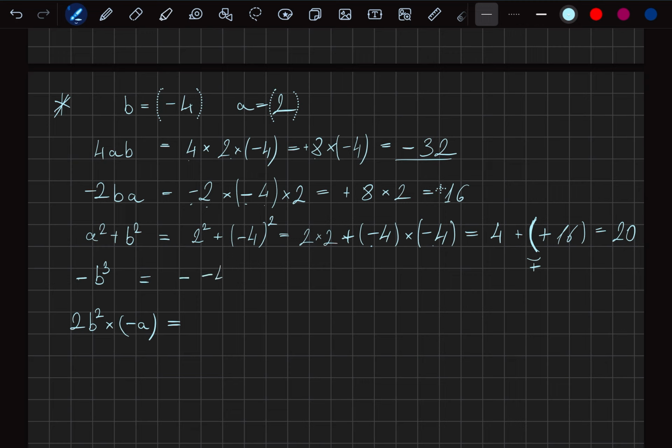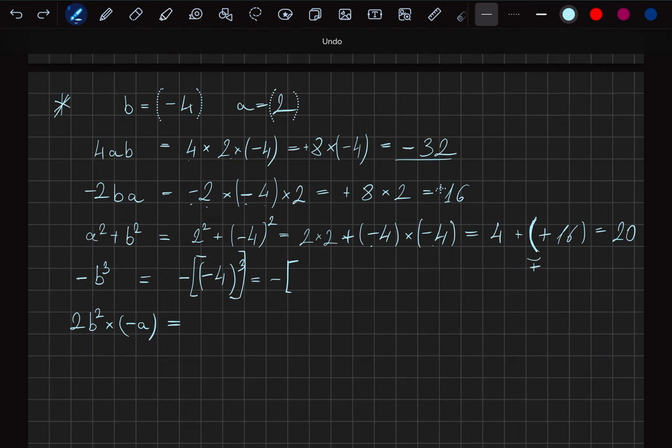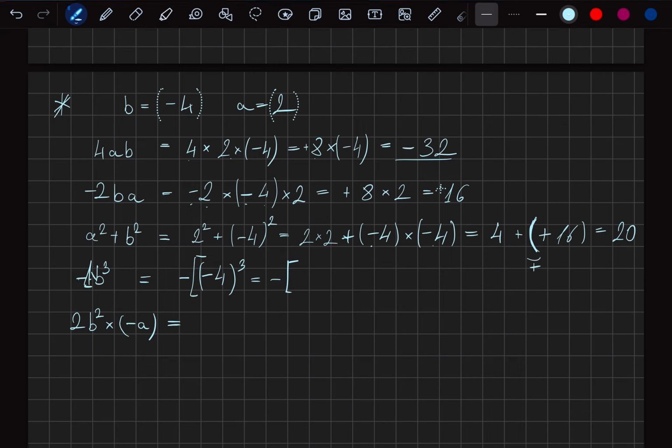Minus 4 to the power 3. So it's minus, and we will just open this, break this into pieces. I will use a bracket. We can put here a bracket. We can put here a bracket too, but it's useless. But here, what I just put, it's really useful because it will separate this minus sign, because it's like minus 1 times b cube.